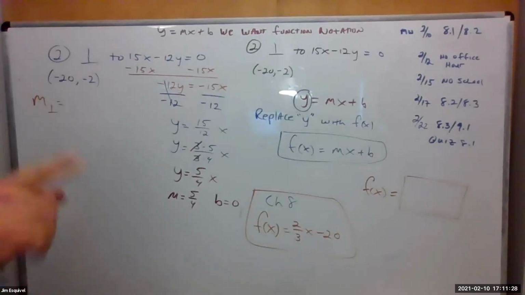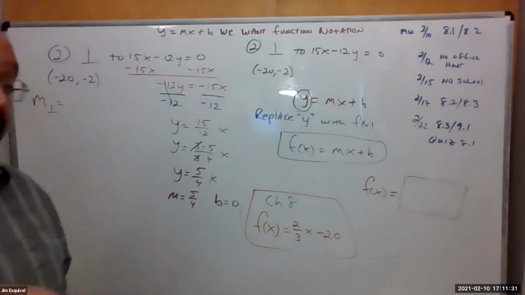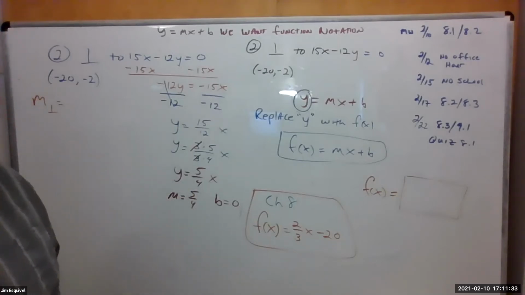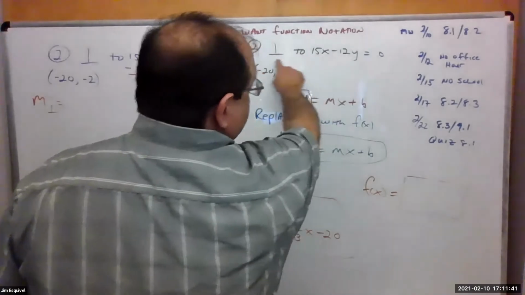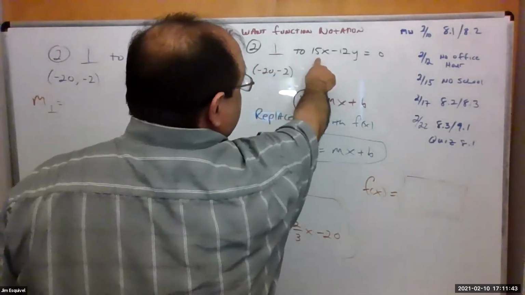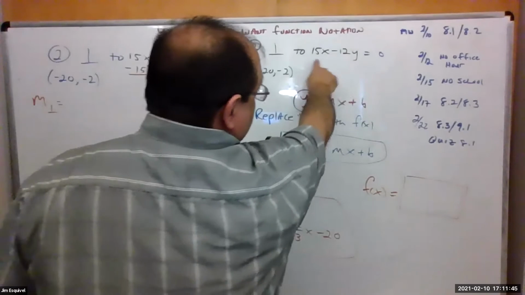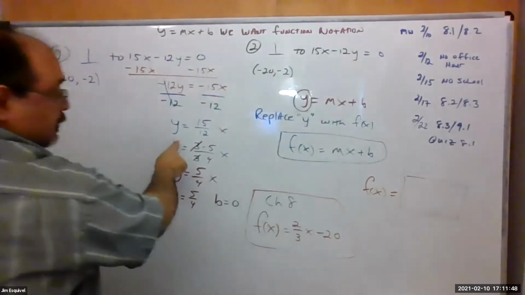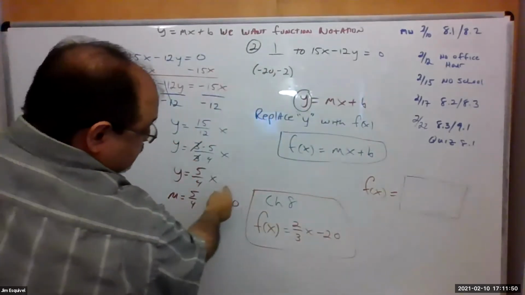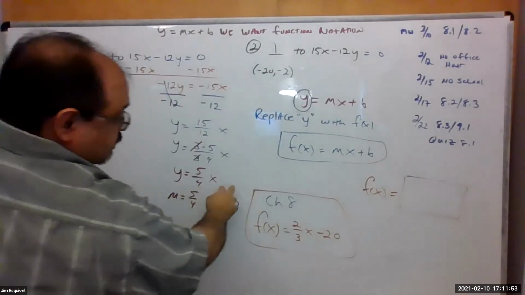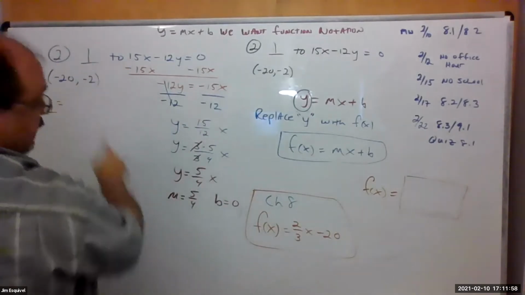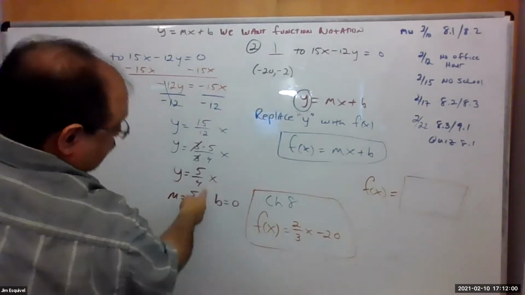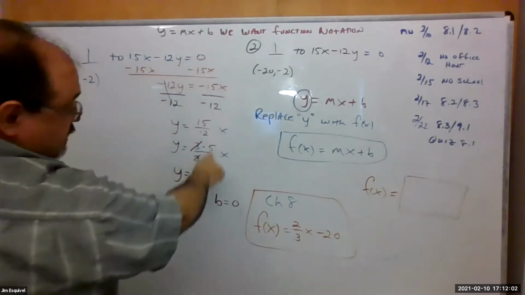Now, the question I gave you on your test on Monday, I already gave you the line that you were parallel or perpendicular to. It was already in slope-intercept form. I gave you y equals 5 fourths x plus 3 or 5 fourths x minus 2 or whatever. You did not have to do what I just did here.